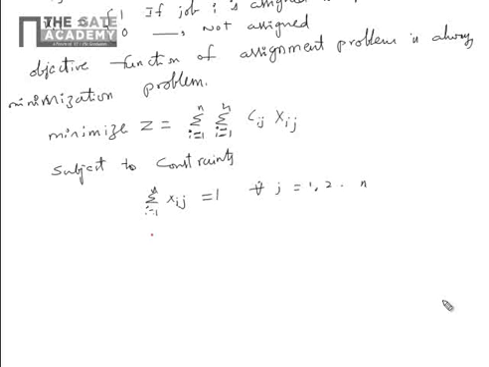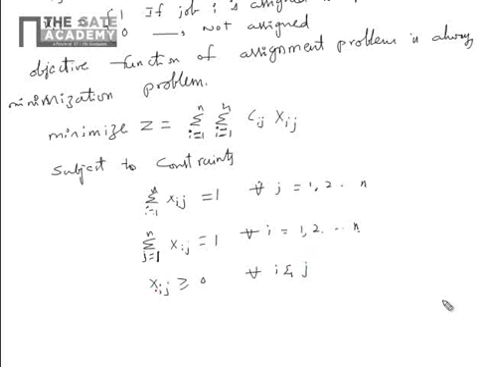Similarly, for each operator there may be only one job assigned, and for each job only one operator, vice versa. The non-negative constraint is Xij greater than or equal to 0 for all i and j.